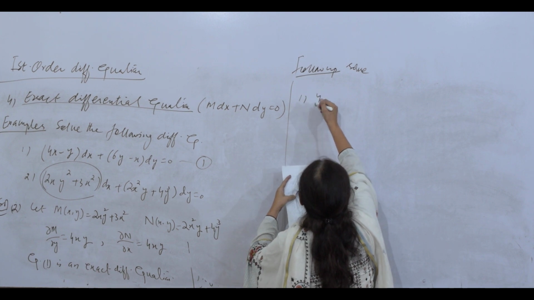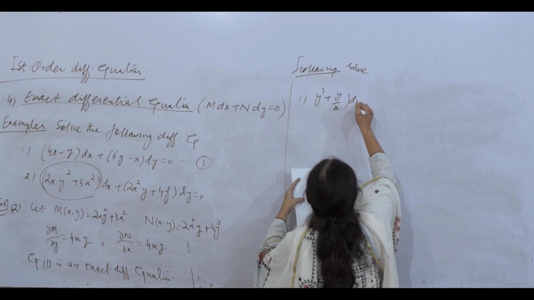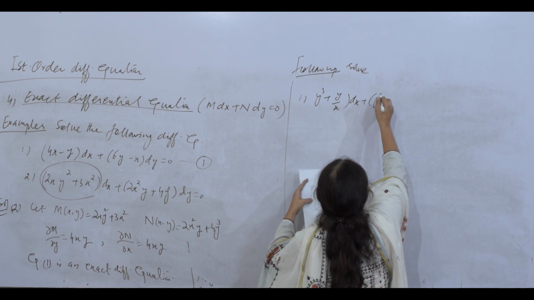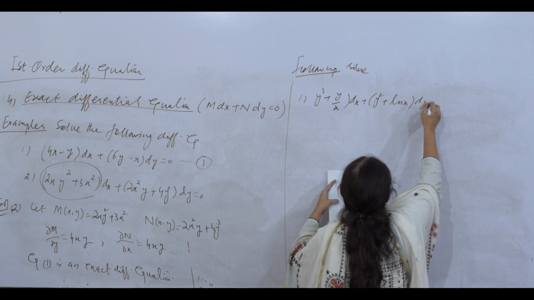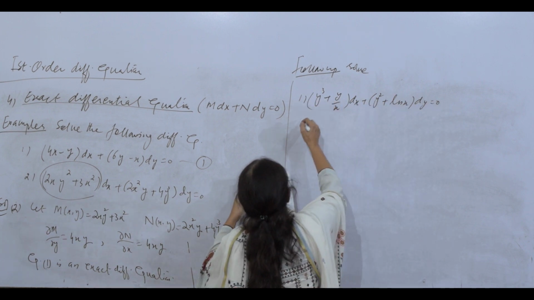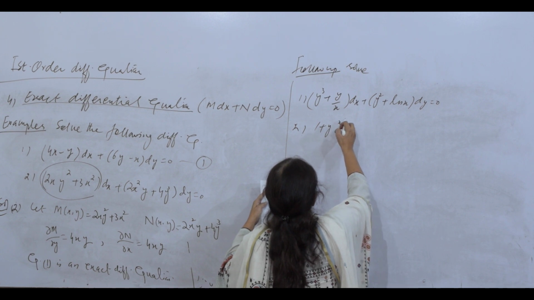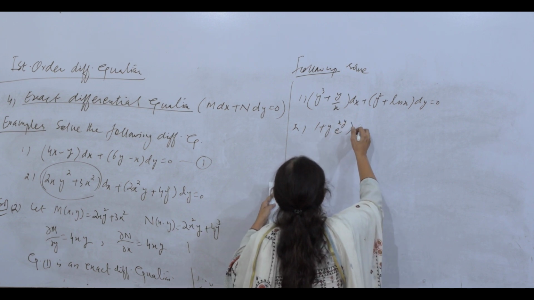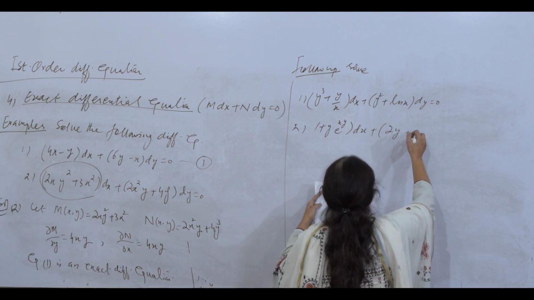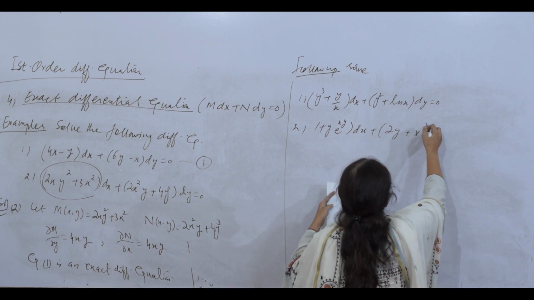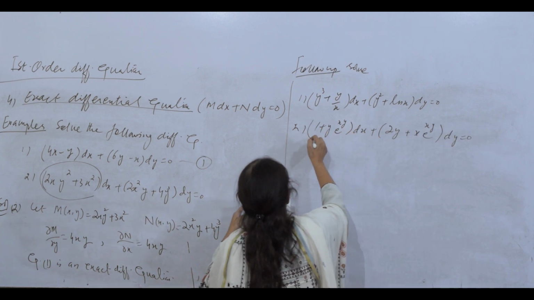Number 1, (y cube plus y over x) dx plus (y square plus ln x) dy equal to 0. Number 2, (1 plus y e to the xy) dx plus (2y plus x e to the xy) dy equal to 0.